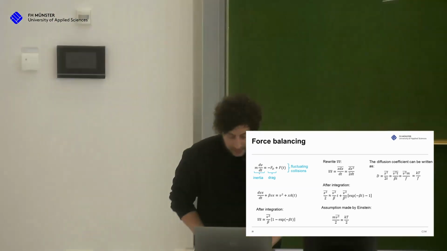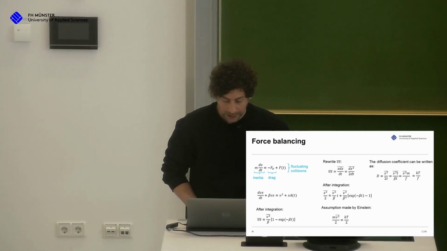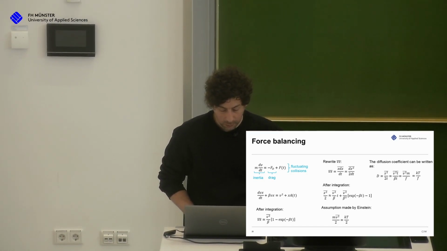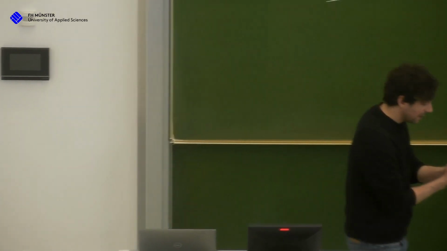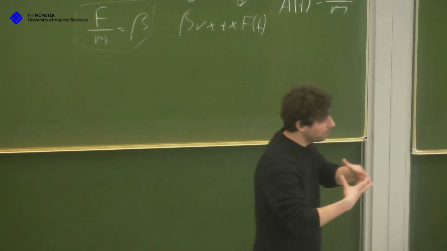And from here, and Einstein's assumption, we can replace this one by kT. And this means we can relate the diffusion coefficient to the thermal energy of the system. And this is basically the explanation of diffusion for particles.